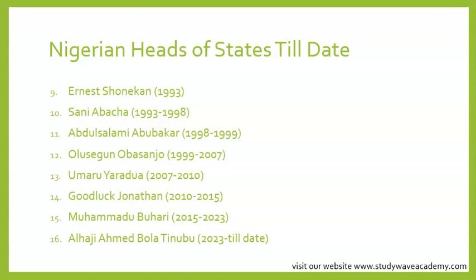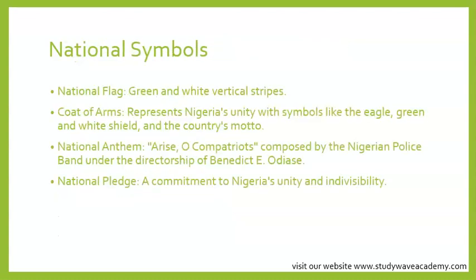And after Buhari, Alhaji Ahmed Bola Tinubu took over from 2023 till date. So presently, Alhaji Ahmed Bola Tinubu is Nigeria's president. So these are the past heads of state and the present head of state in Nigeria. Do you understand? So now we are going to be looking at national symbols.